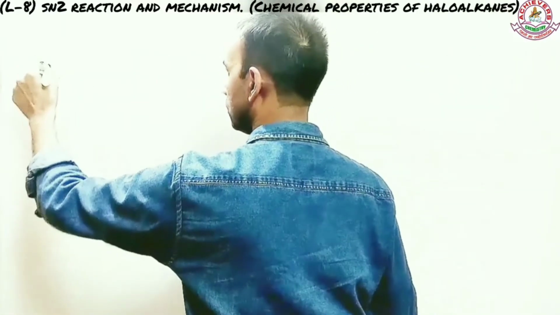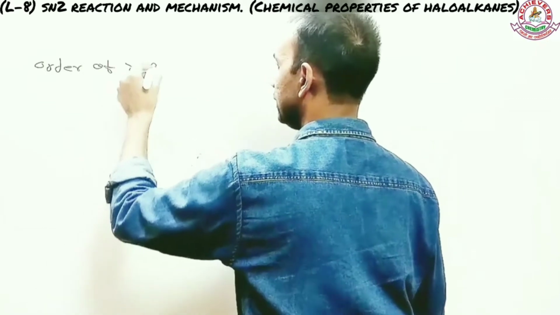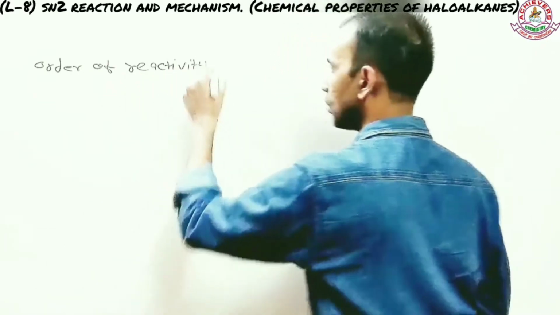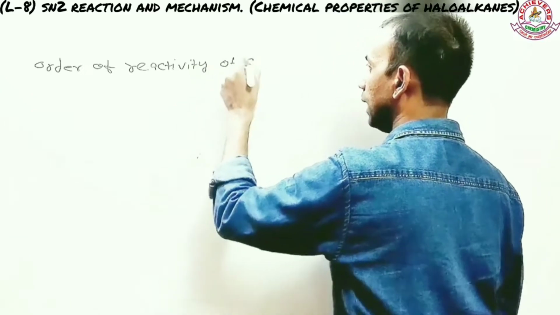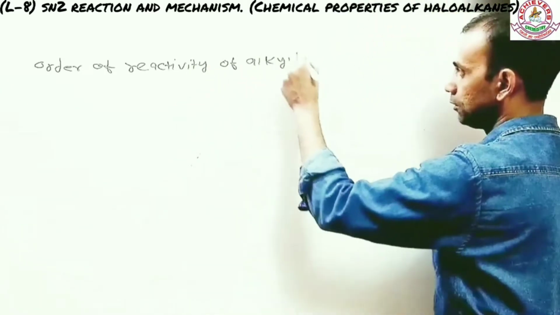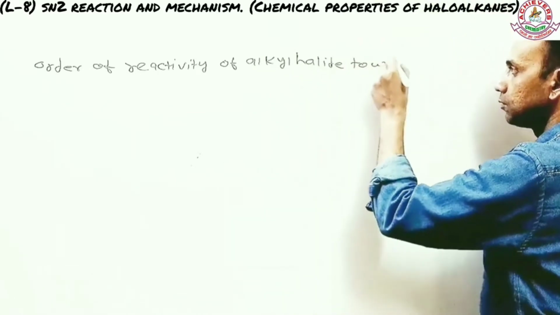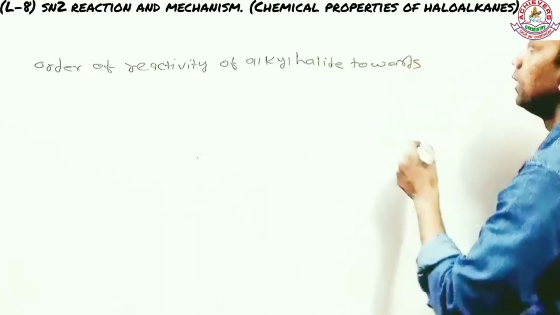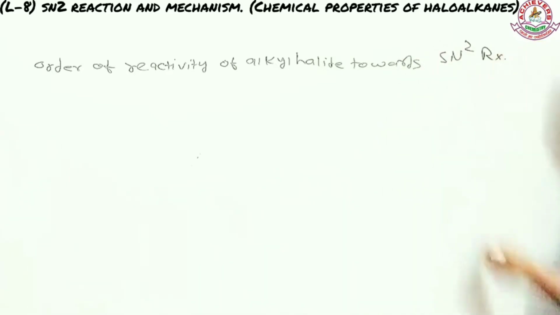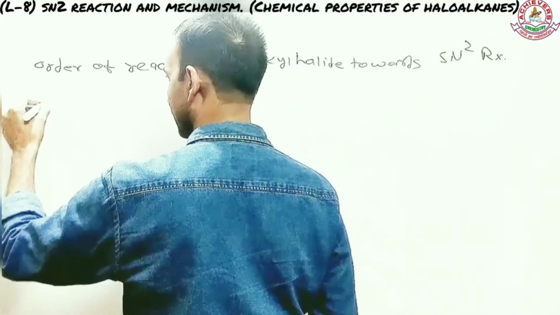Order of reactivity of alkyl halide towards SN2 reaction. What we do know is that there are three types of alkyl halide.